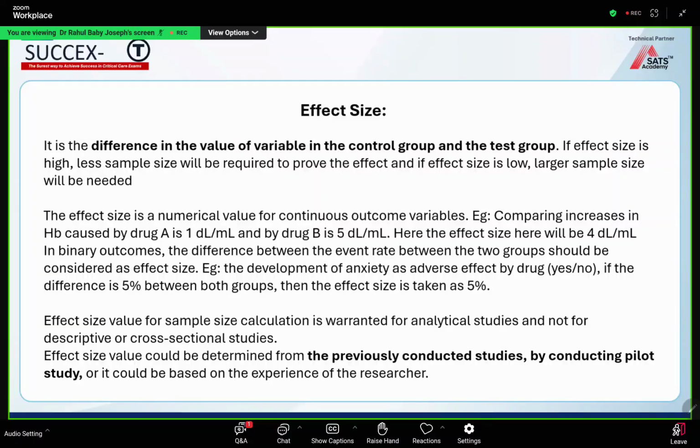If the difference between the control and the test group is very low, you need a larger sample size to prove that this is significant. The effect size may be a numerical value in a continuous outcome variable. For example, hemoglobin increased by one drug is 1 deciliter and by another drug is 5. So the effect size is the difference between these two, that is 4.